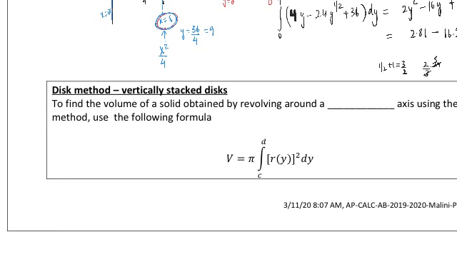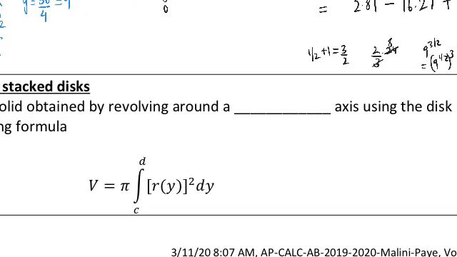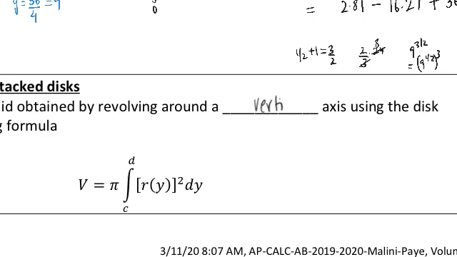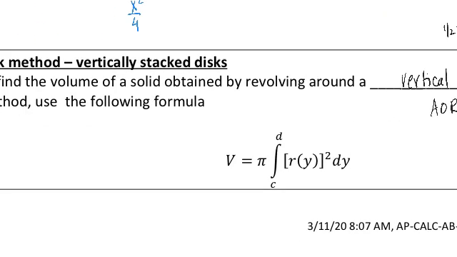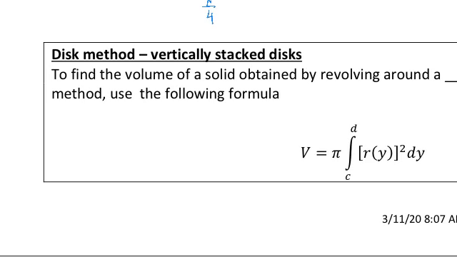So to conclude, we have learned that the disk method with vertically stacked disks works also, and to find the volume of a solid obtained by revolving around a vertical axis. So when the axis of revolution is a vertical line, that's when we're going to use the vertical stacking, because the disks are going to be like that champagne glass.